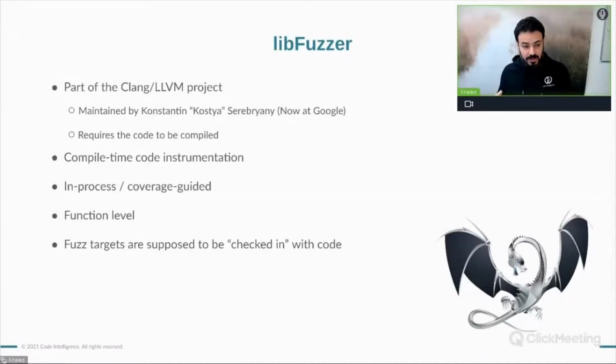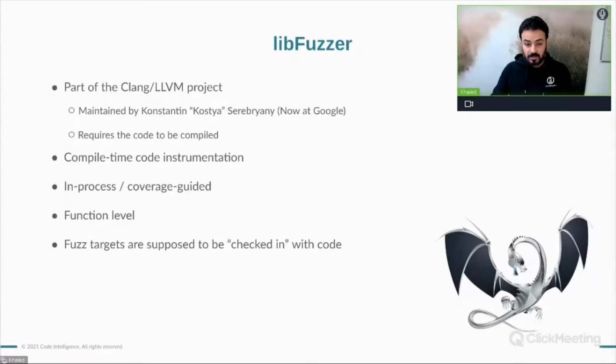The main idea here is that these fuzz tests, which we will see in the next slide, are checked in with the code, so you can think of it as a normal test that you check in with the code.